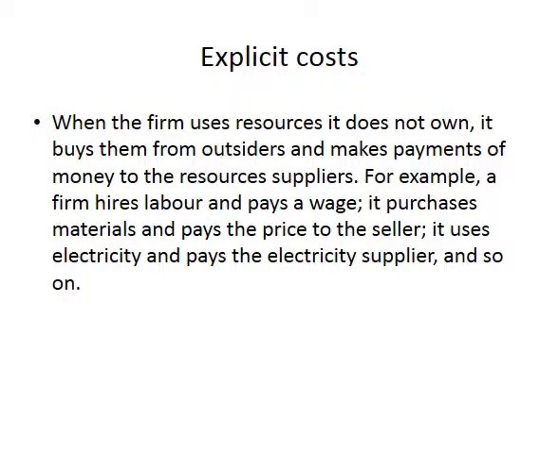You are physically taking money and handing it to another party. So it buys these resources from outsiders and makes payments to the resource supplier. Examples could be hiring labor and paying a wage, purchasing material and paying money to the seller, or using electricity and paying the electricity supplier, and so on. All of these are explicit costs.